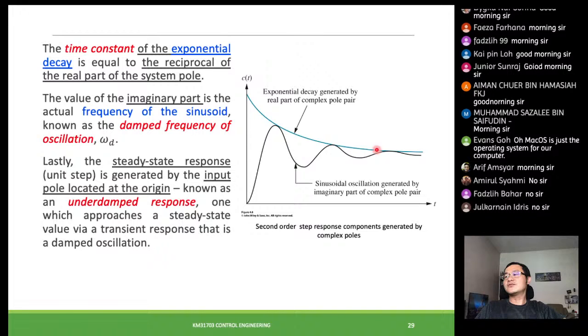Therefore you will reach a final value, because you no longer push it, meaning to say you give a constant force to it. The force may be 5 Newton, so that is the constant force. So eventually it will reach steady state conditions, right?